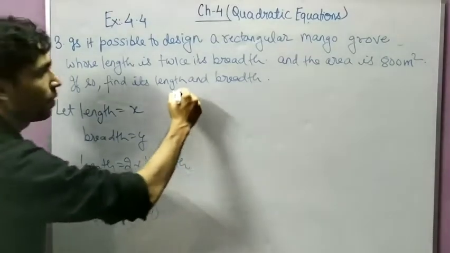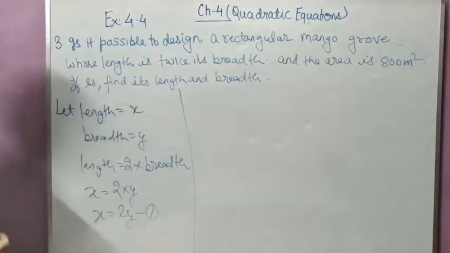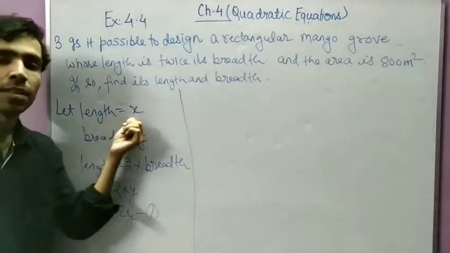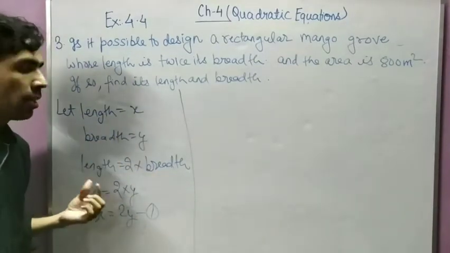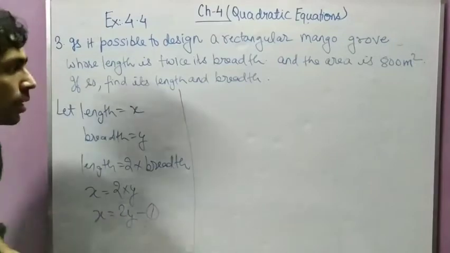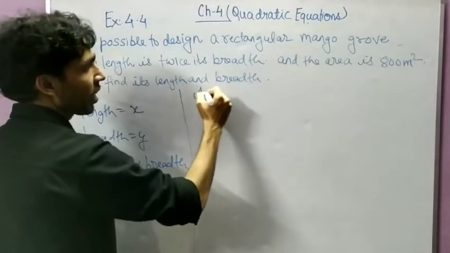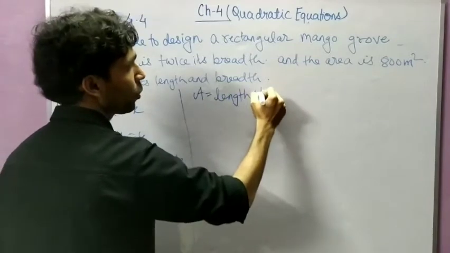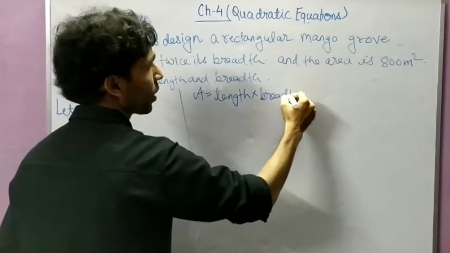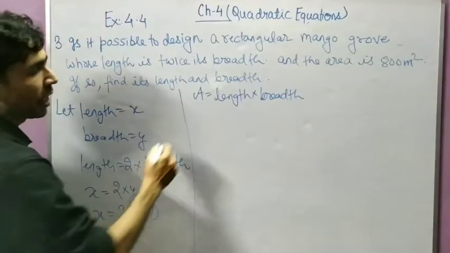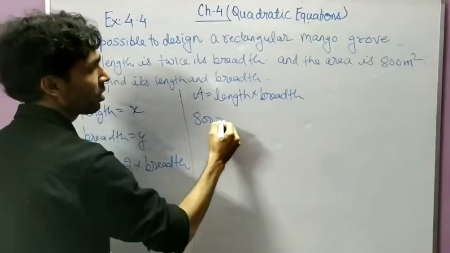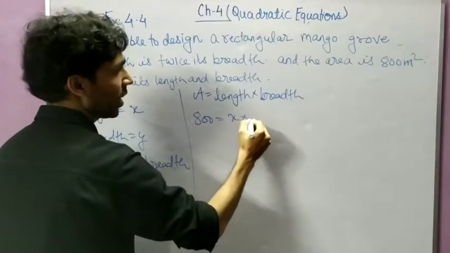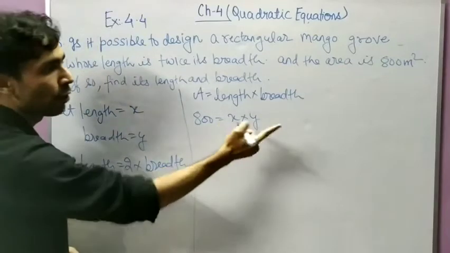Suppose it is equation number 1. Now area, we know, is equal to length into breadth, and area is given as 800. So 800 is equal to x into y, because x was length and y was breadth. This is equation number 2.